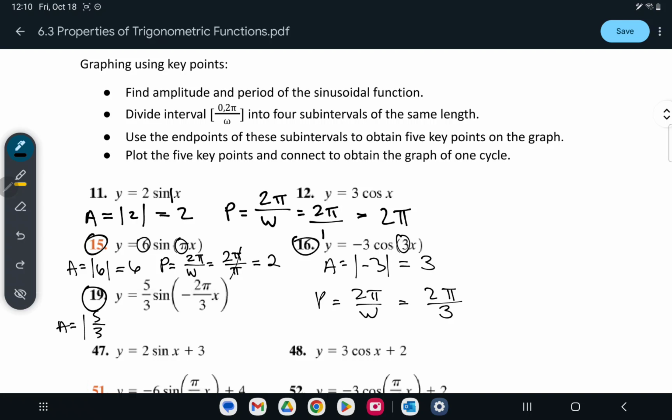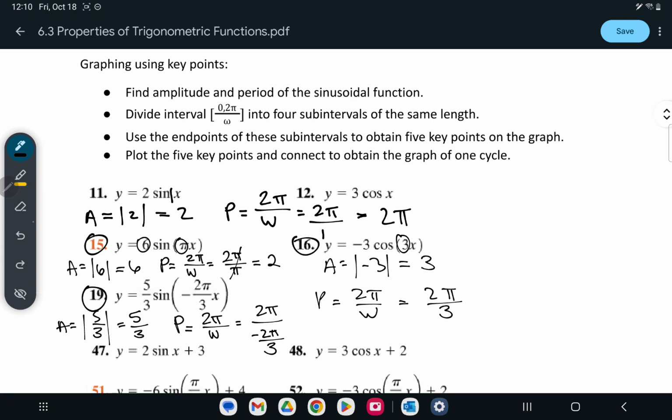Amplitude, absolute value of 5/3, so that's just 5/3. And the period, 2 pi over omega. So 2 pi over -2 pi over 3.